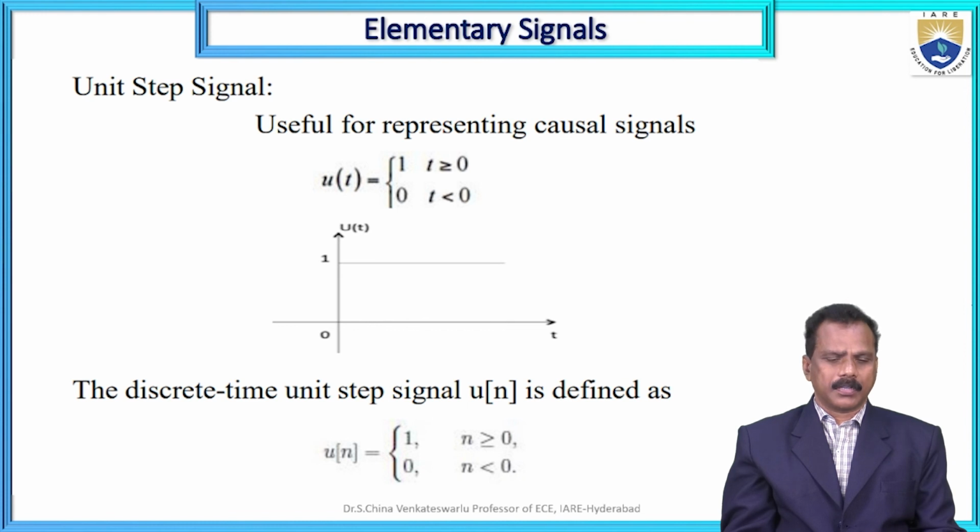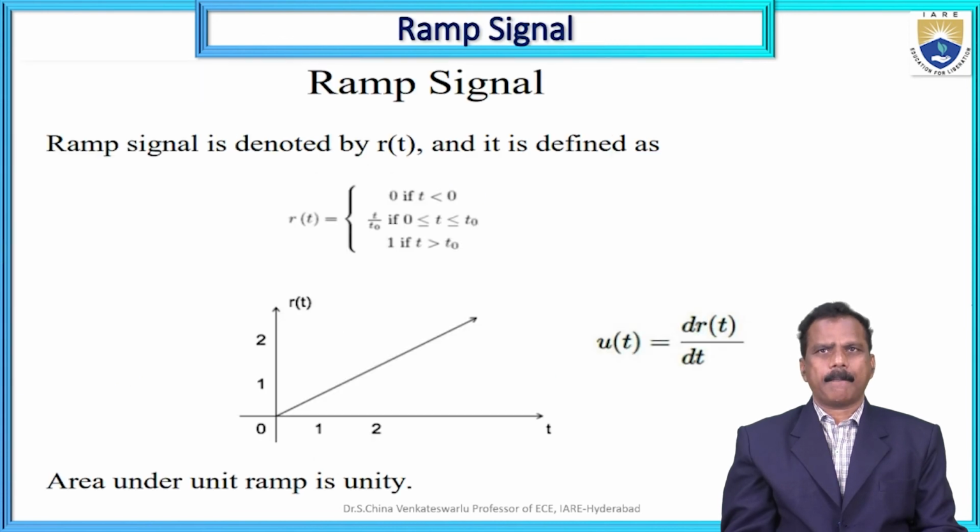With reference to the unit step signal, u of t is equal to 1 for t greater than or equal to 0, and 0 for t less than 0. The discrete time unit step signal u of n is defined as 1 for n greater than or equal to 0, and 0 for n less than 0.